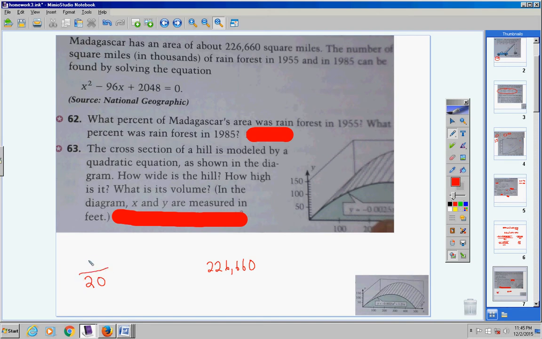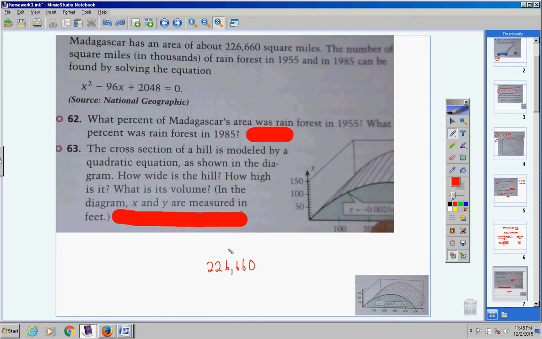If there were 12 females, the percentage would be 12 over 20, and you would change that to a percentage, and you would get 0.6 or 60%. It's the same thing here.